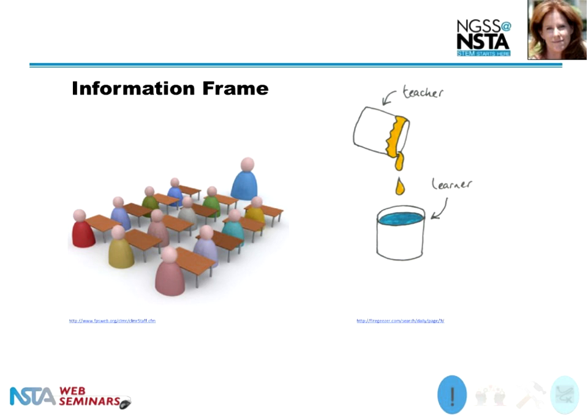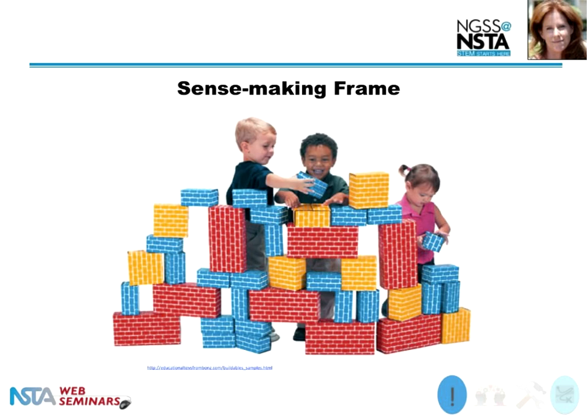So here is what we have as the informational frame, and this has been a traditional science classroom where the teacher is basically feeding the learner knowledge. And here we see more of a sense-making frame.